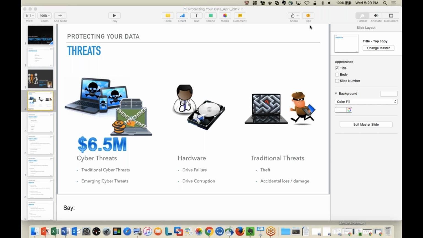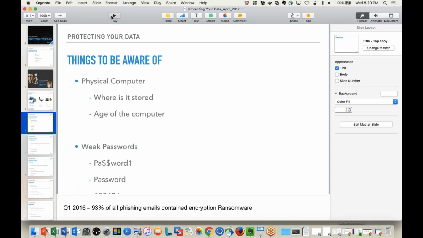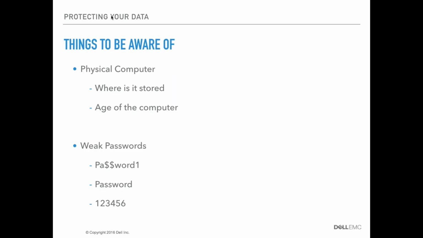Okay. So you can see, I suppose, from both cyber threats, traditional threats, and hardware threats, there are a lot of areas where you have to keep an eye on protecting your data. So let's talk about things to be aware of. On your physical computer, to protect against things like accidental damage or accidental loss, keep an eye on where the computer is stored.